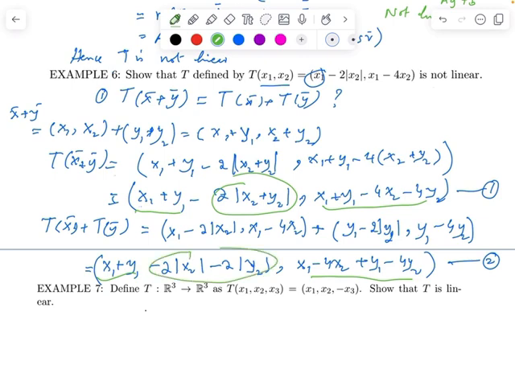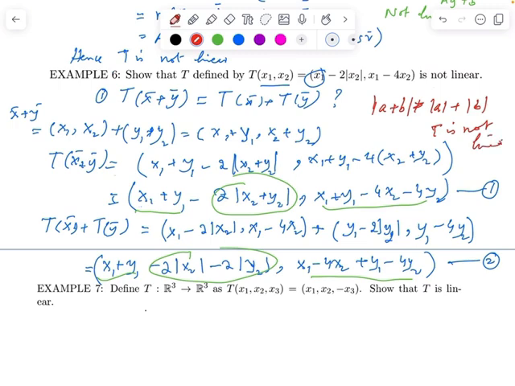The reason is that in general, the absolute value of a plus b is not equal to the absolute value of a plus the absolute value of b. You can check that with different numbers. That is why these two are not equal, therefore T is not linear.